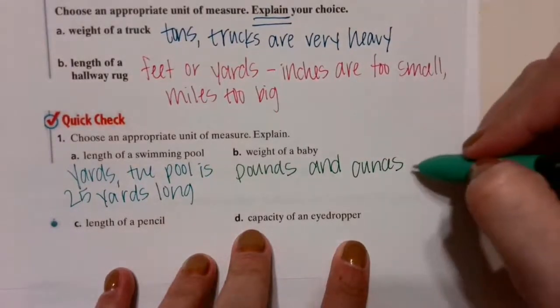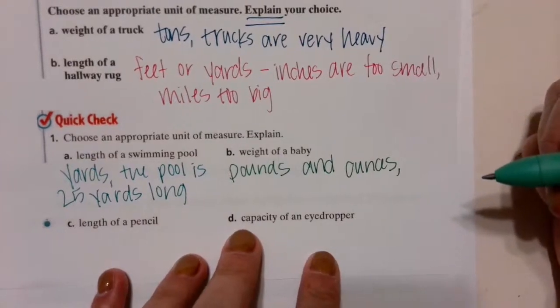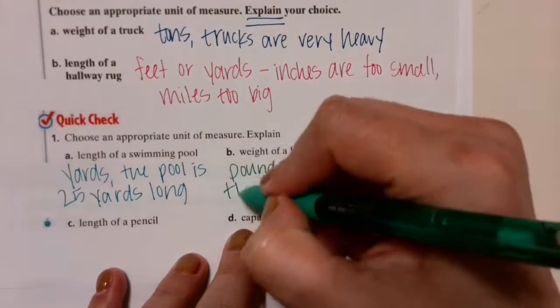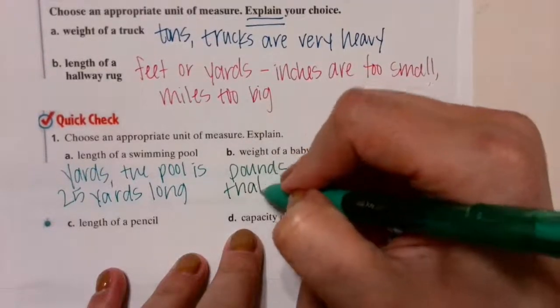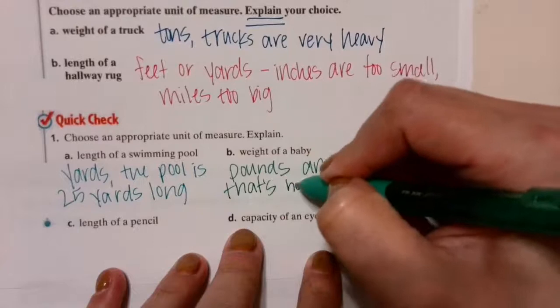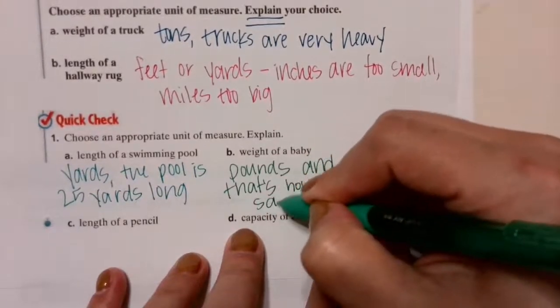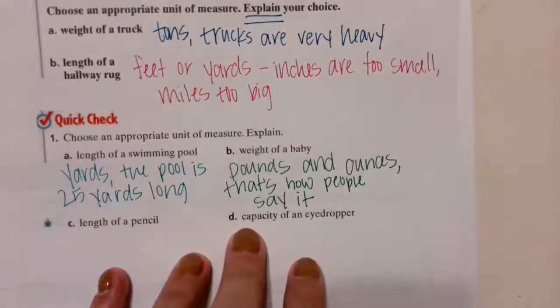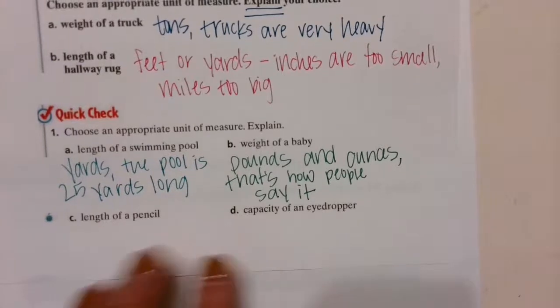And if you have a brother or sister or a cousin, that's just exactly how people say it. They say so many pounds and so many ounces. Don't want to measure them in a ton. That would be quite a large baby.